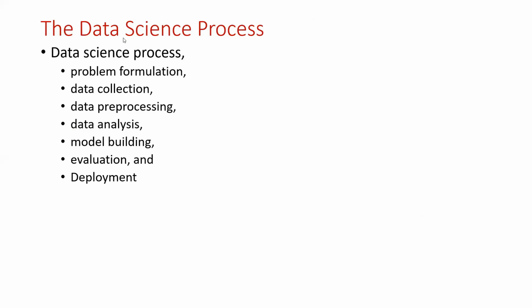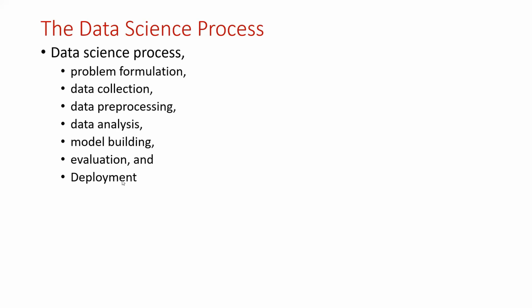So what is the data science process? First, we formulate the problem, we collect the data, then pre-process the data, analyze the data, build a model, and then evaluate if the model which we built is correct or not. If we are happy with the evaluation, that the model is behaving correctly as per our expectation, then we deploy it.